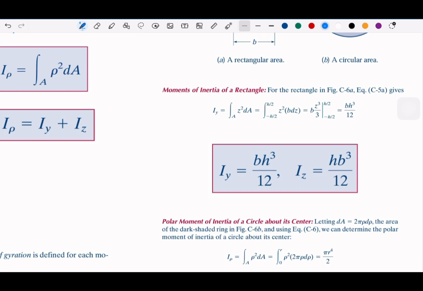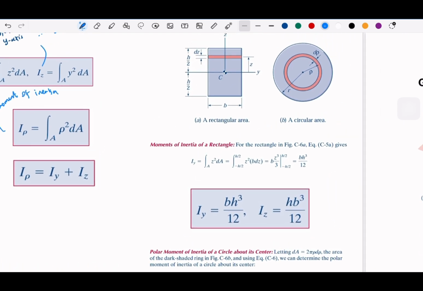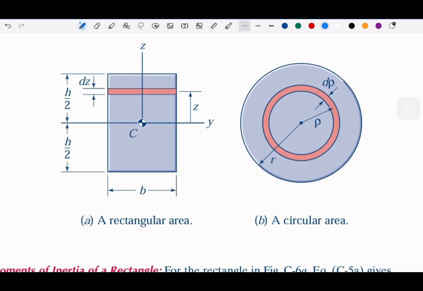And then the polar moment. We take it similarly as we did for the rectangle, but the difference is we are going to take it from the center, from 0. Now we are using polar. So let's say this is our radius, and we take these differences for the rho.